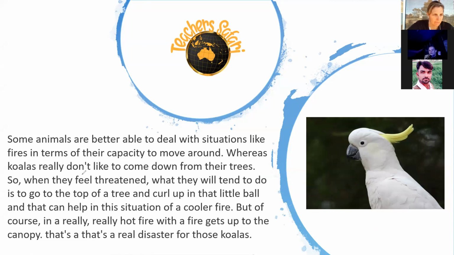So when they feel threatened, what they will tend to do is to go to the top of a tree and curl up in that little ball, and that can help in the situation of a cooler fire. Okay, good. But of course, in a really hot fire, with fire gets up to the canopy.